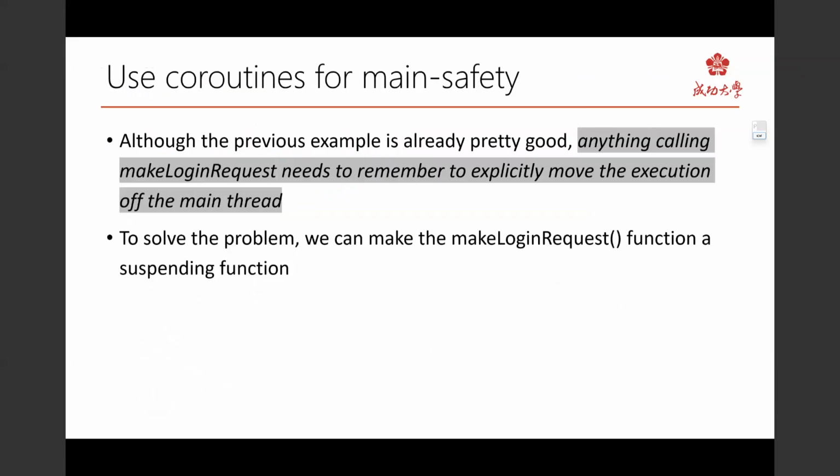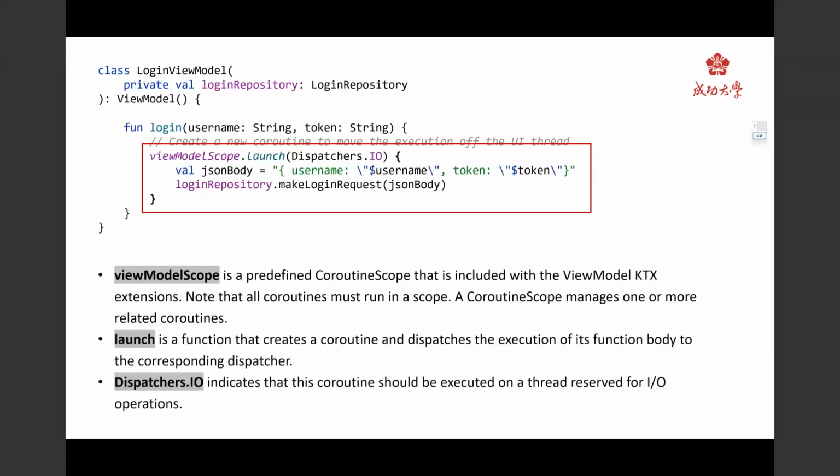Although the previous example is already pretty good, every time we call the make login request function, we need to remember to explicitly move the execution off the main thread to a background thread, like what we did in this example.